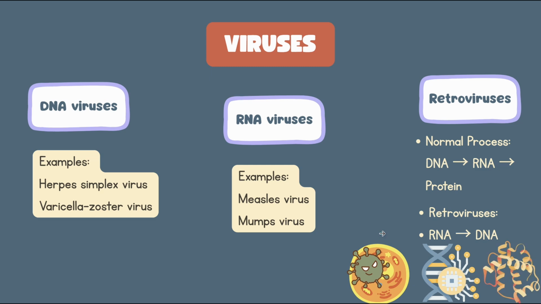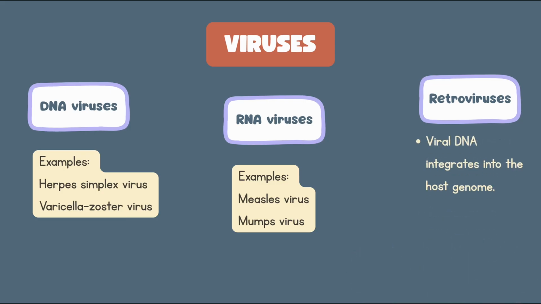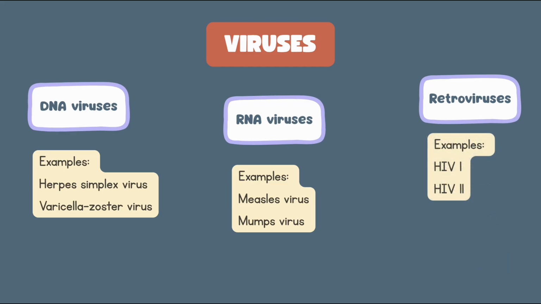Once the viral DNA integrates into the host's genome, it becomes part of the host's DNA. So this means that every time the host cell replicates, the viral DNA is also replicated with it. All right, examples of viruses that do that are HIV and HTLV.